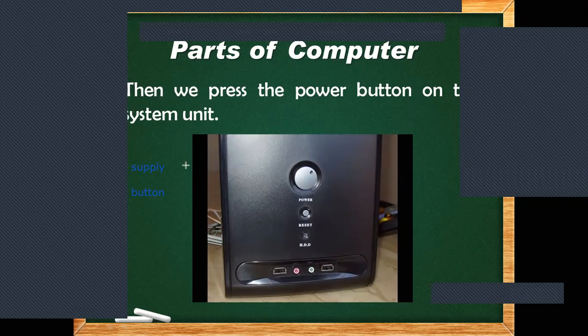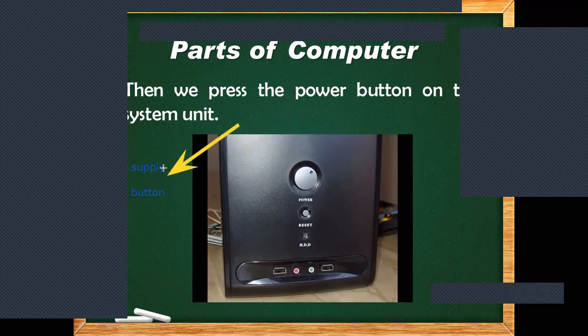So now my question is, what are the two buttons we have to press to run the computer? Two buttons are there. The yellow arrow is showing that these are two buttons. So let's see who is going to give me the answer. Gamal, can you tell me the answer? What are the two buttons we use to run the computer?